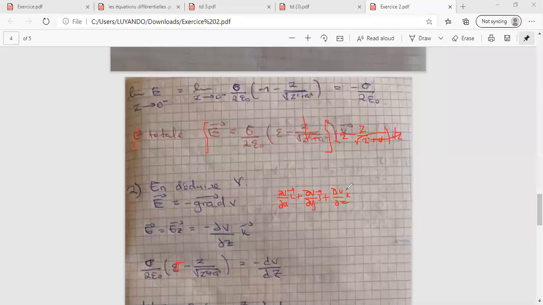This is my grad V in Cartesian coordinates.